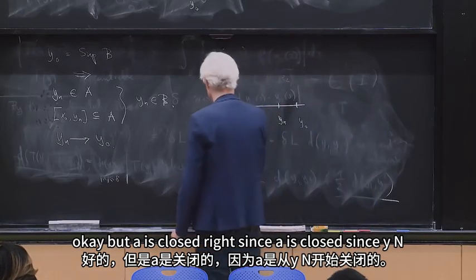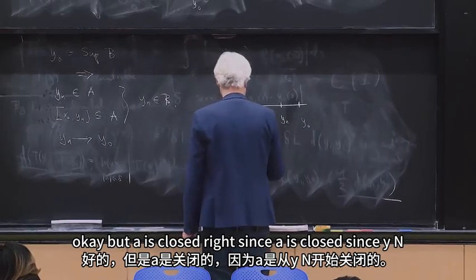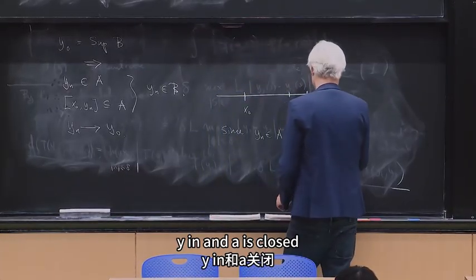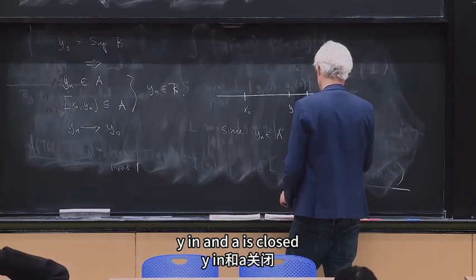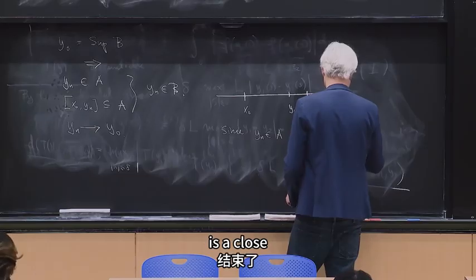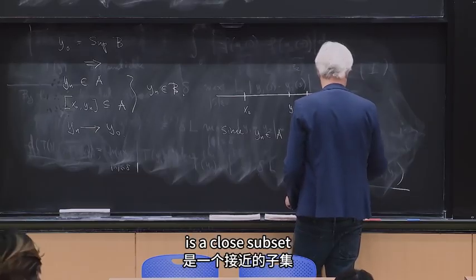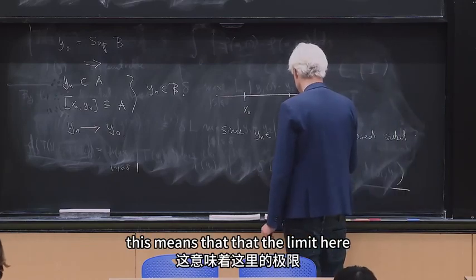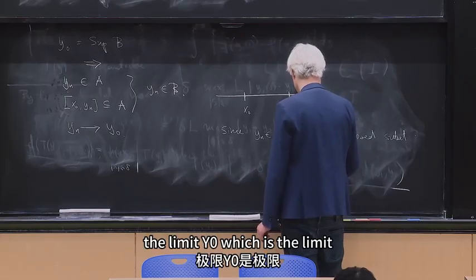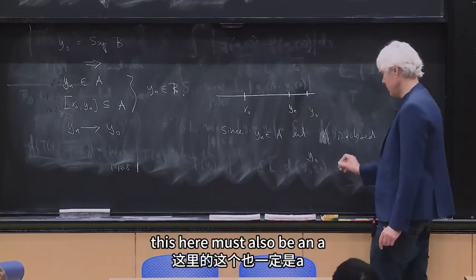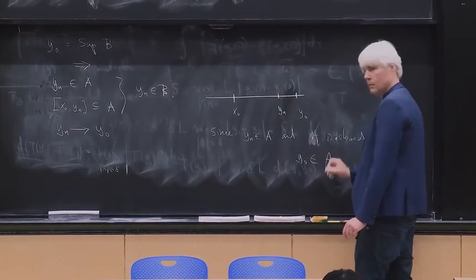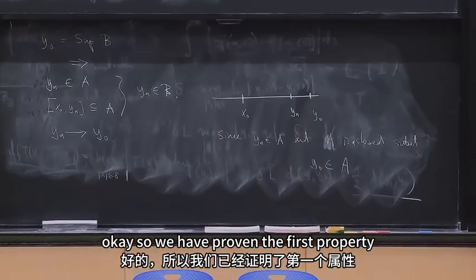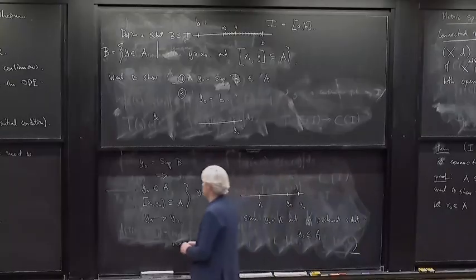Since yn is in A, and A is a closed subset, this means that the limit y0 must also be in A, right? Okay, so we have proven the first property.